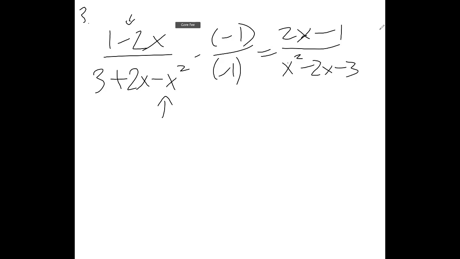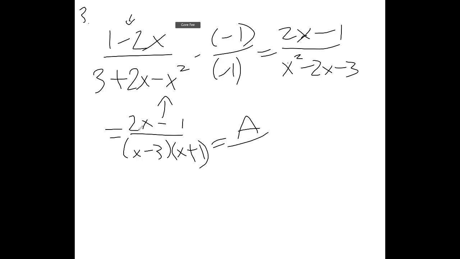Now this looks way easier to solve than the previous one, right? We can factor x squared minus 2x minus 3 into (x - 3)(x + 1), and then you can use exactly the same method, where this is equal to a over (x - 3) plus b over (x + 1).